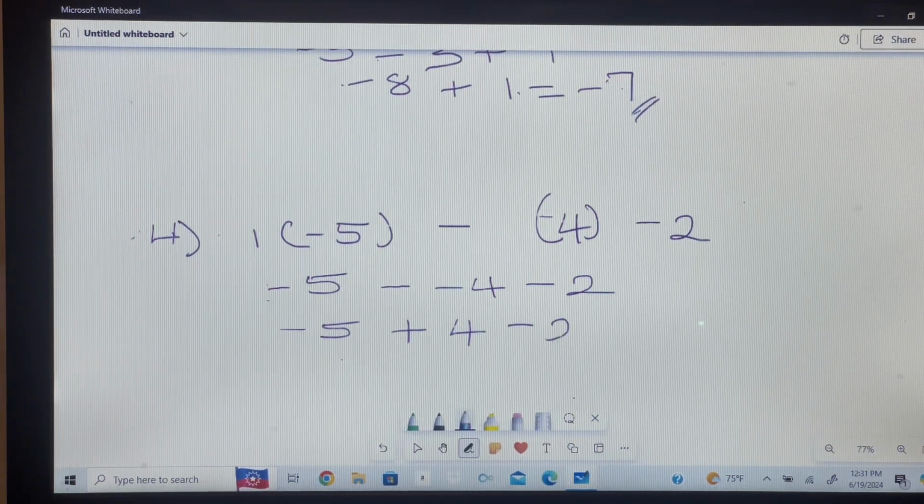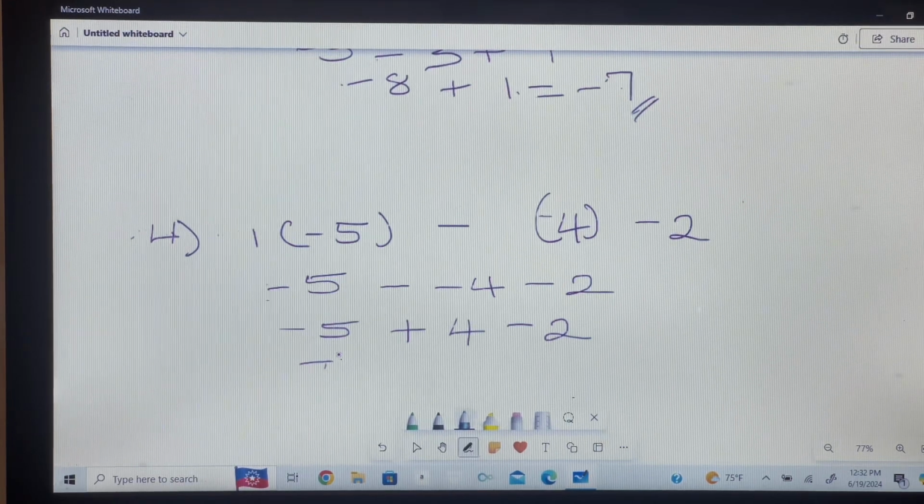Okay. So now we have negative 5 plus 4. What's the rule? When you have two different signs, you keep the sign of the larger number, which is negative, then take the smaller one from the larger one.